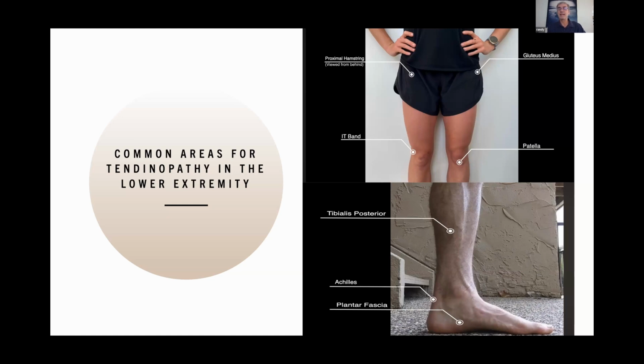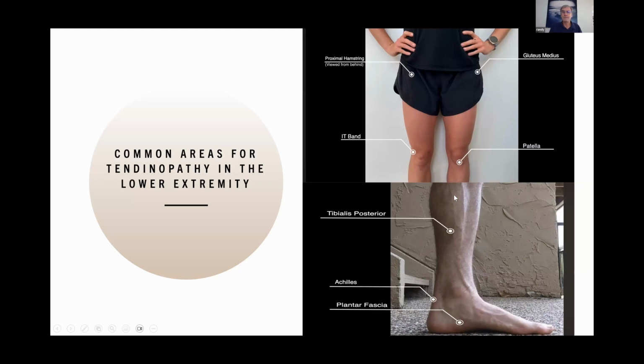Gluteus medius tendinosis is on the outside of the hip, where the tendon attaches to the bone on the outside of the hip. The iliotibial band tendinosis would be on the lateral side of the knee. A patella tendon tendinosis would be between the kneecap and the tibial tuberosity, the patella ligament there. It can also happen in the quadriceps tendon where it attaches to the patella.